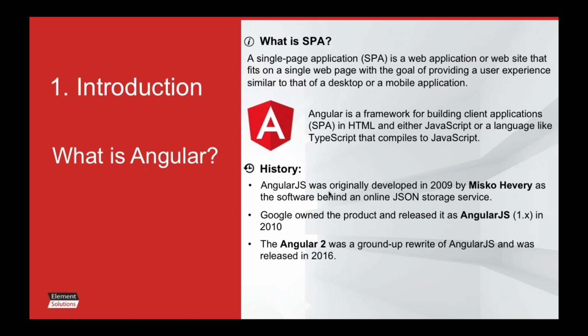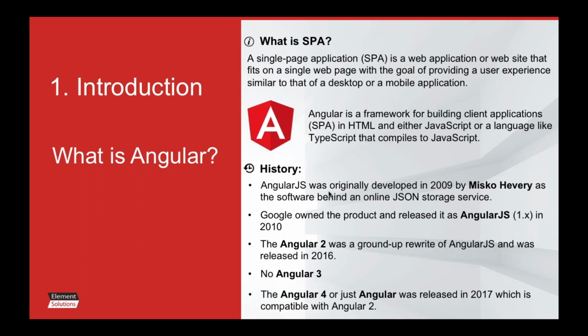So AngularJS is different from Angular 2. They also recommend that if you are new to Angular and want to get started, you learn Angular 2 rather than AngularJS, because they want to abandon it. But by the time they launched Angular 2 in 2016, a lot of applications had started running on AngularJS. So they can't skip it; they're still releasing updates, but they're recommending us not to use it.